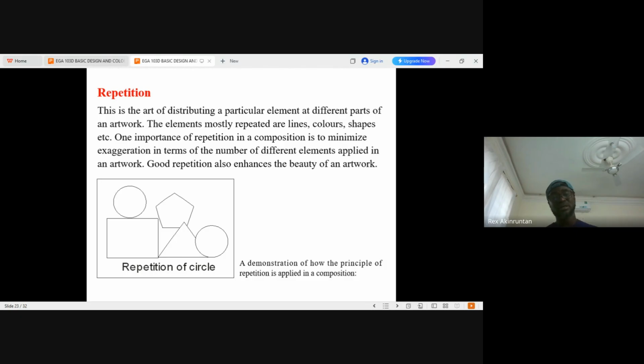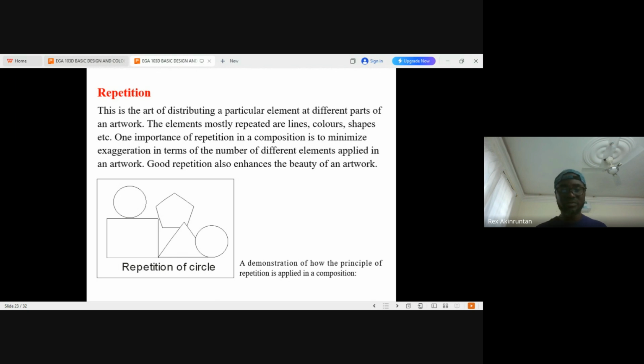Repetition is more like you are putting it here, then you repeat it there without considering the spacing or the size in some occasions. So the elements mostly repeated are lines, oftentimes, colors, shapes, etc.